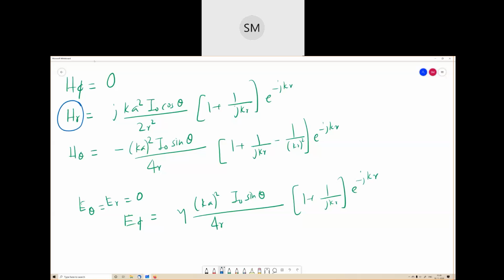Just look at this one. Will we have this H_r in the far field? No, because it has a 1 by r squared. Okay, this will go off. What about H theta?